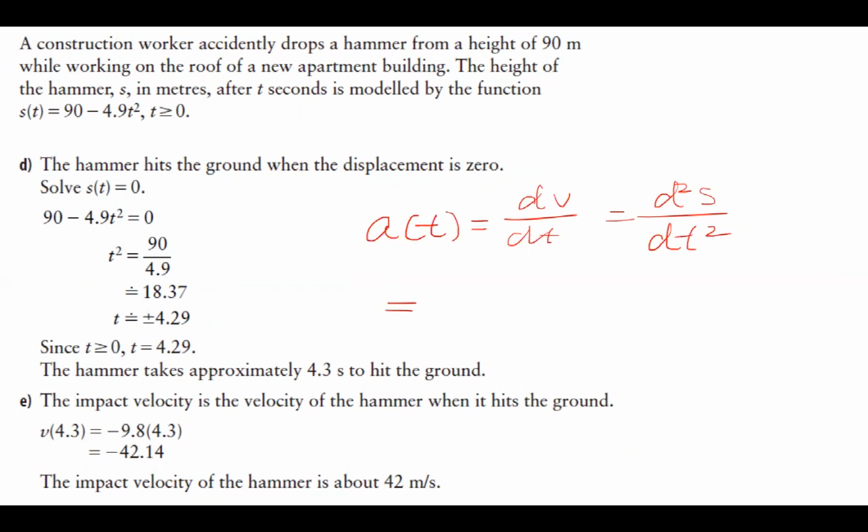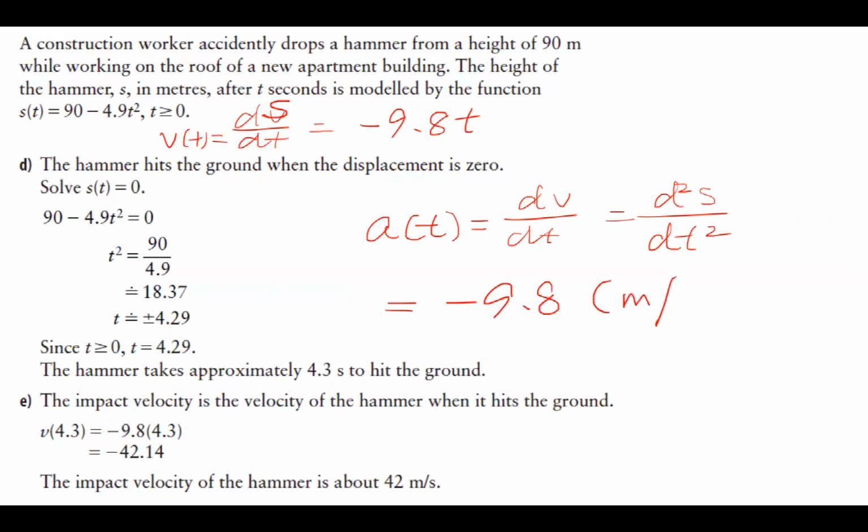Because you have already solved ds/dt, which is v(t), equals negative 9.8t. Therefore, we know dv/dt is negative 9.8, which is a constant number.